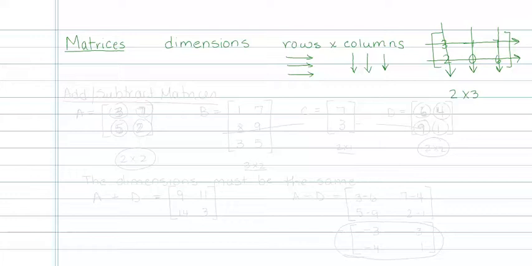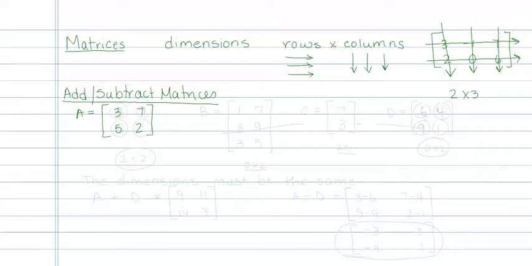Alright, now let's talk about adding and or subtracting matrices. We're going to work with 3 different matrices. We're going to work with matrix A, which is 3, 7, 5, 2.